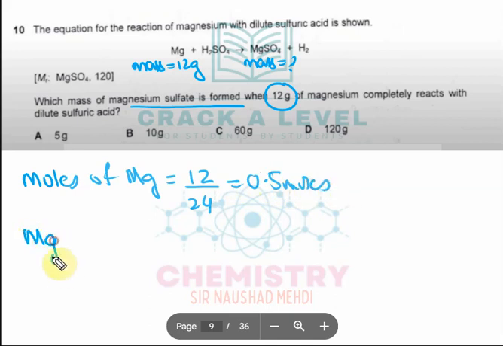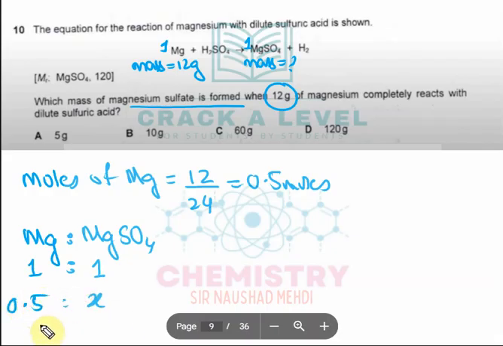Now if you apply the molar ratio, magnesium to MgSO4, according to the balanced equation, they both have a 1:1 ratio. So 1 mole to 1 mole, 0.5 to X. So the moles of MgSO4 would also be 0.5.